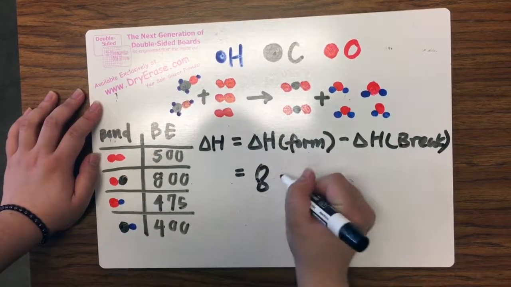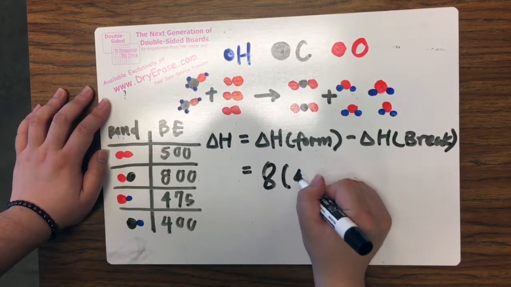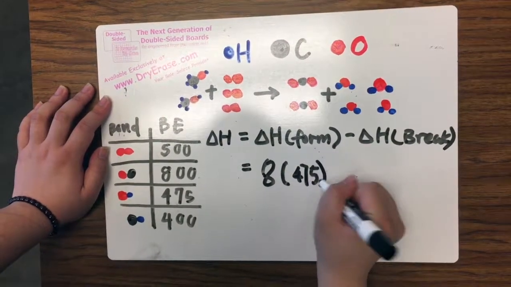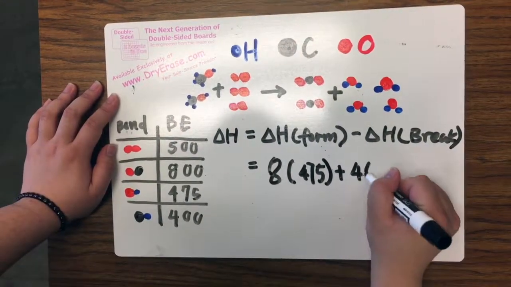OH bonds, which is 475, and then we plus 4 CO bonds, which is 800.